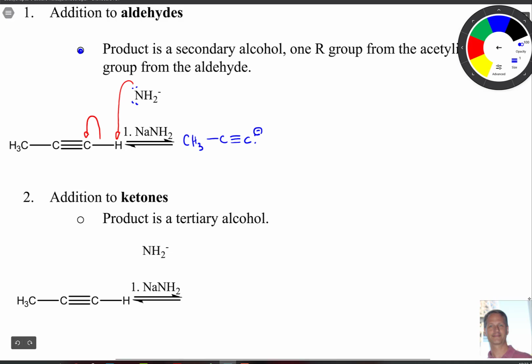Now that's going to give us CH3, C triple bond, C minus. Now what we add to this next needs to be an aldehyde or a ketone. So we're looking at aldehydes here. Let's just pick one. So how about this? This is acetaldehyde.